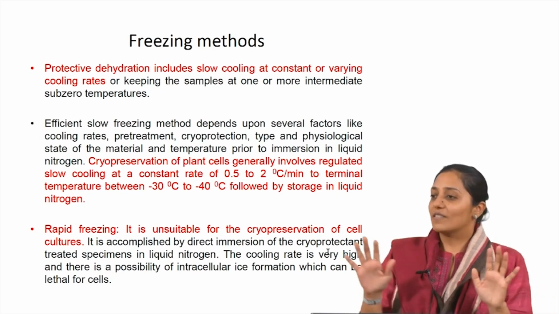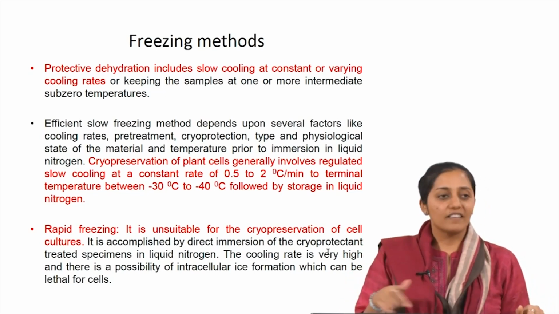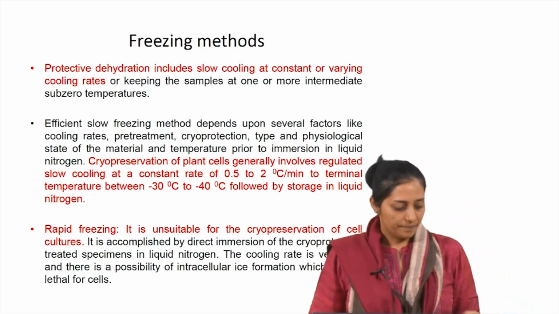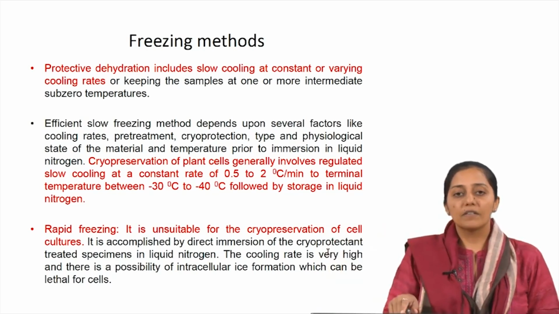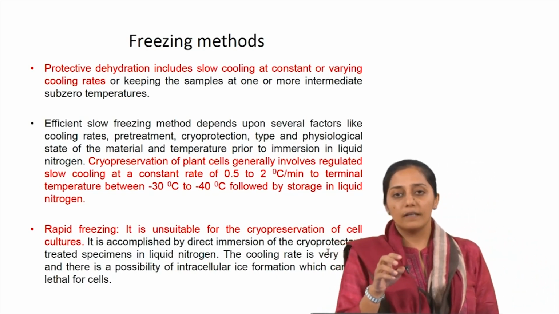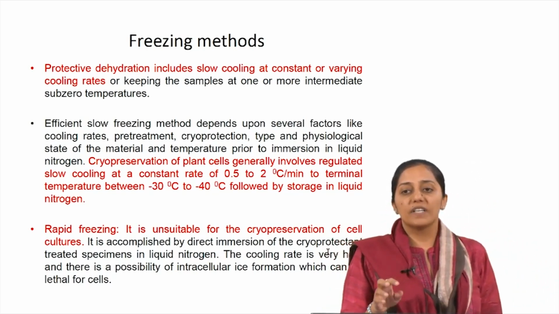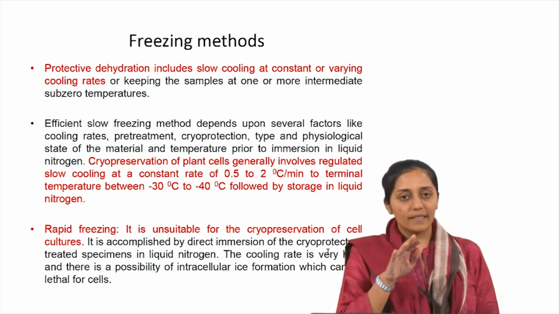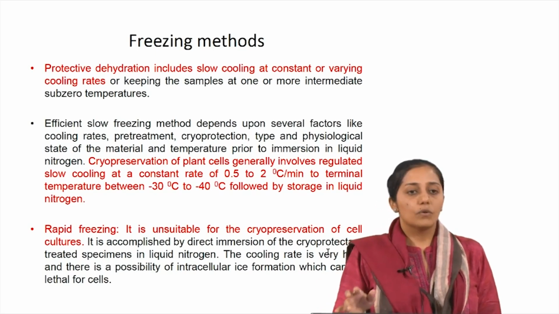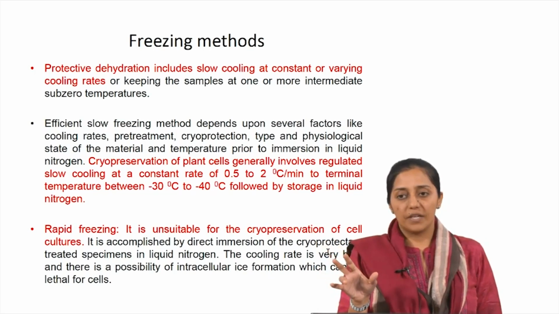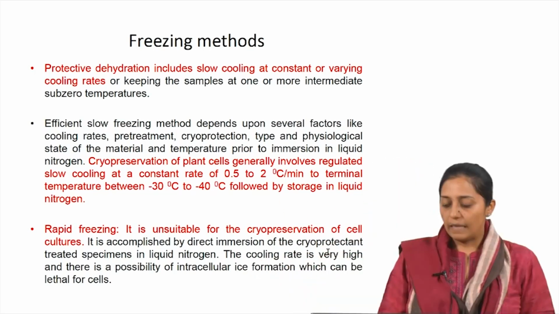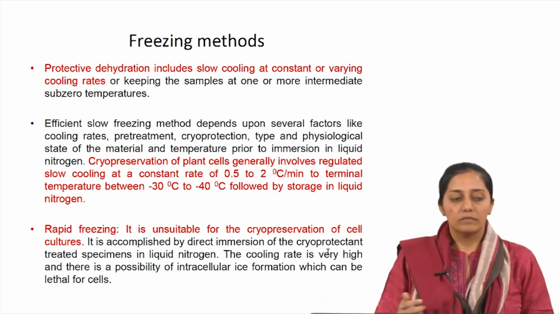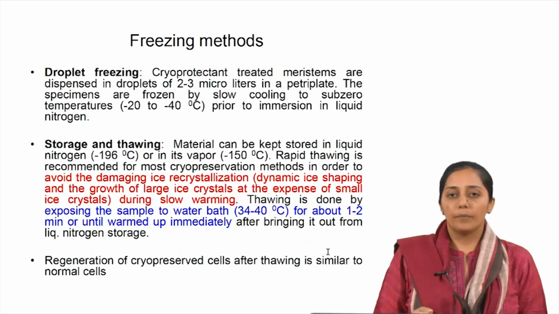So, that is what is recommended to prevent this recrystallization of ice. So, generally for plant cells, at a constant rate of 0.5 to 2 degrees C, it is slowly brought down to some intermediate temperature before it is immersed in the liquid nitrogen, and then rapid thawing is recommended.